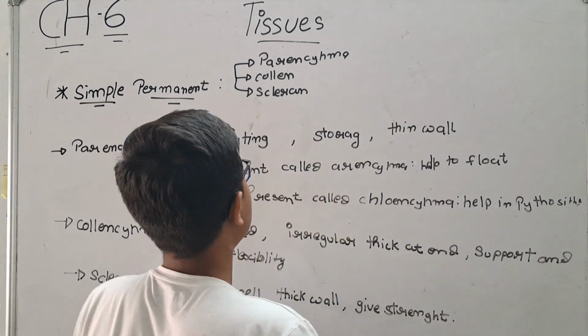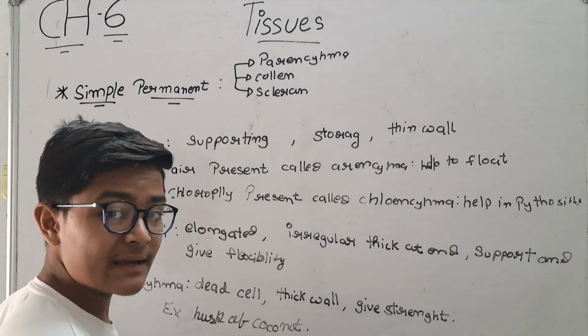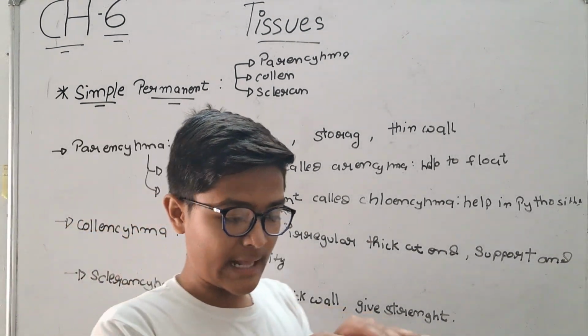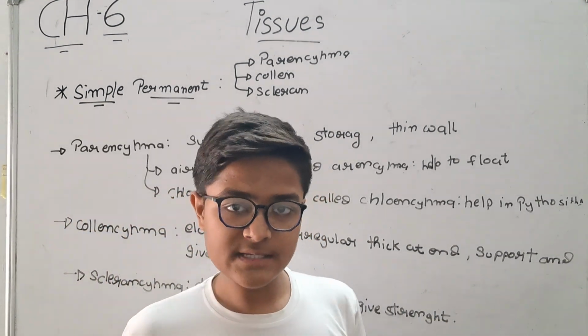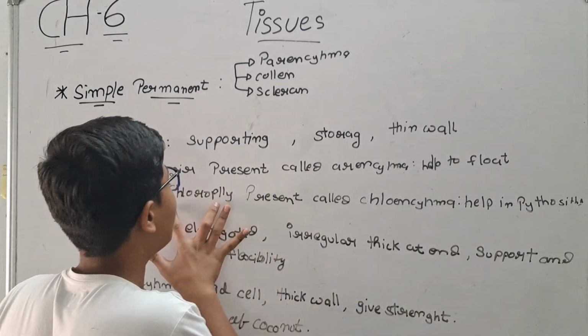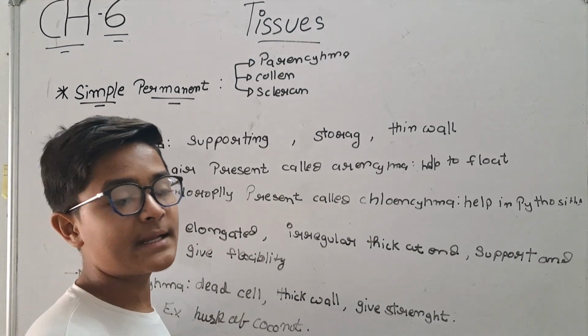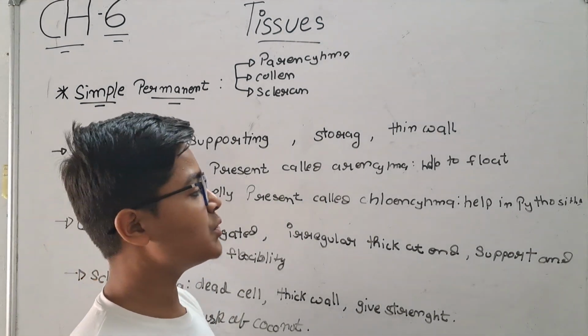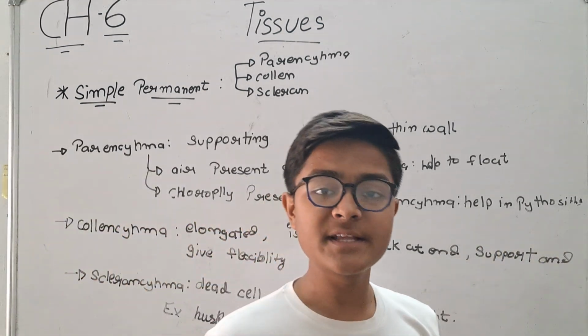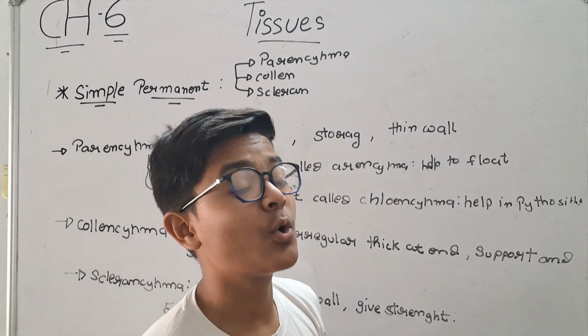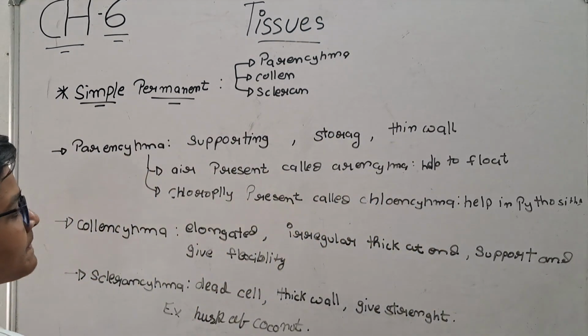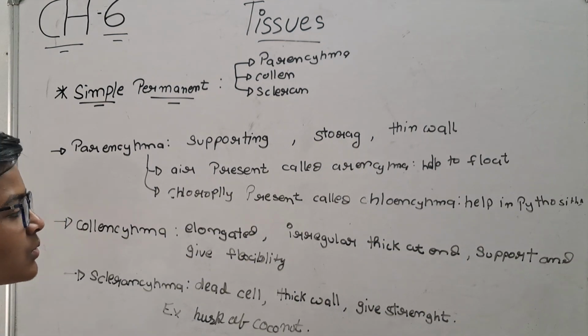So if an air cavity is present and it helps to float on water, it is aerenchyma. And if chlorophyll is present and it helps in photosynthesis, it is known as chlorenchyma.